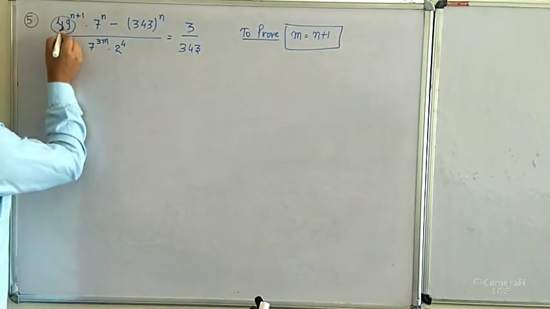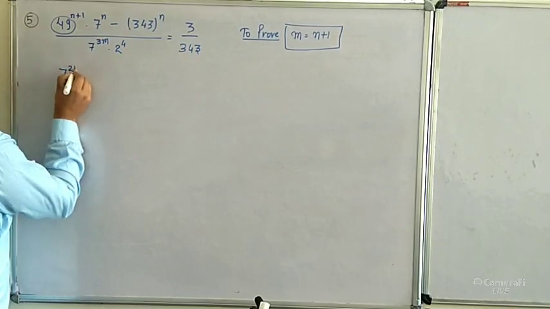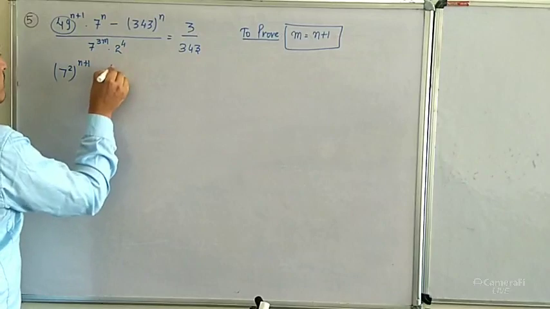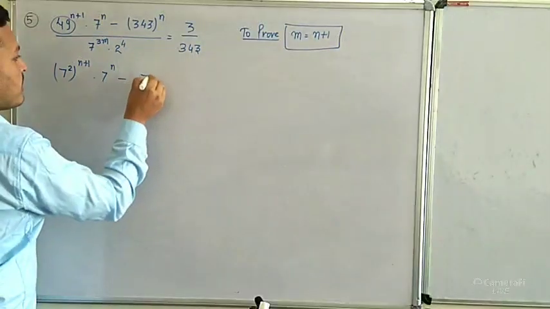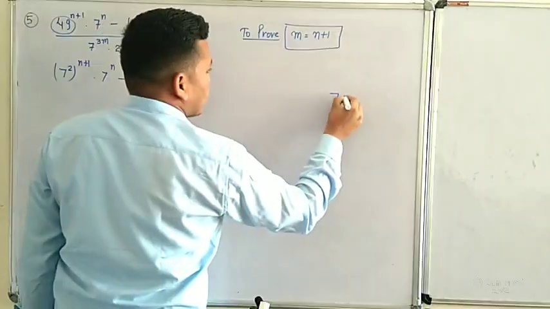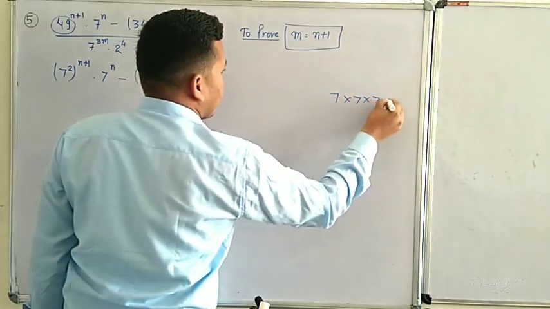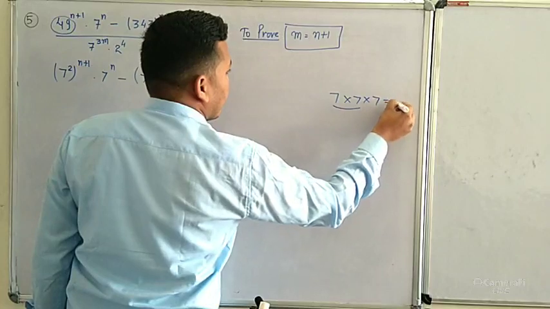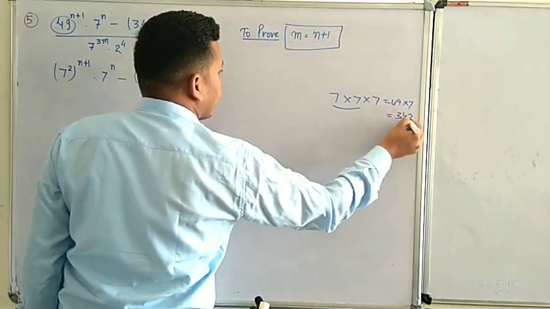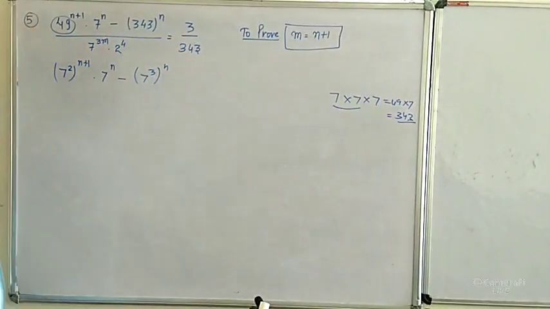So this part 49 we can write as 7 squared and whole to the power n plus 1 into 7 to the power n minus 7 to the power 3 and whole to the power n. 7 to the power 3 is 7 multiplied by 7 multiplied by 7; 49 multiplied by 7 is 343.